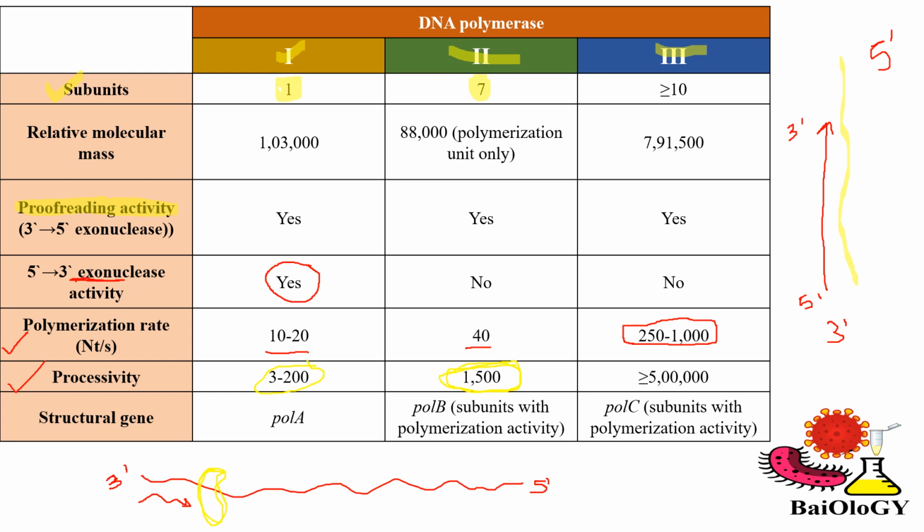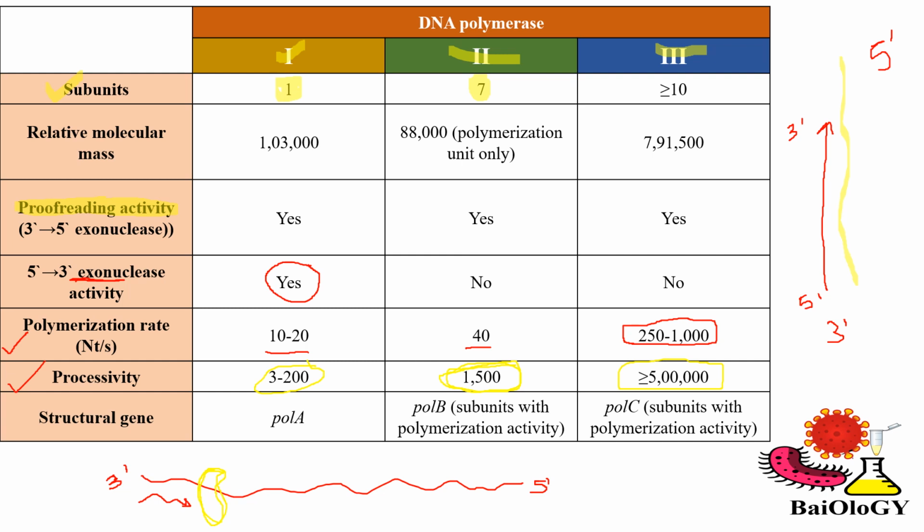Whereas DNA polymerase 3 can add approximately, or equal to or greater than, 5 lakh nucleotides. After adding 5 lakh nucleotides, there is a chance that it will get detached from the DNA template. So via this characteristic, I can say that DNA polymerase 3 has a very high processivity.